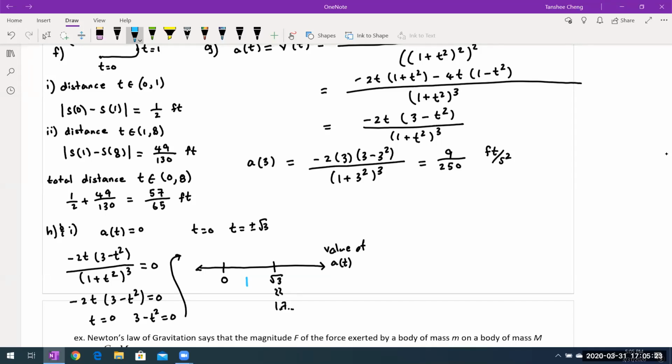Negative divided by positive will be a negative value. For the next part, I'm going to choose 3, because I already evaluated a of 3, which I know is a positive value, so that can be done quickly.